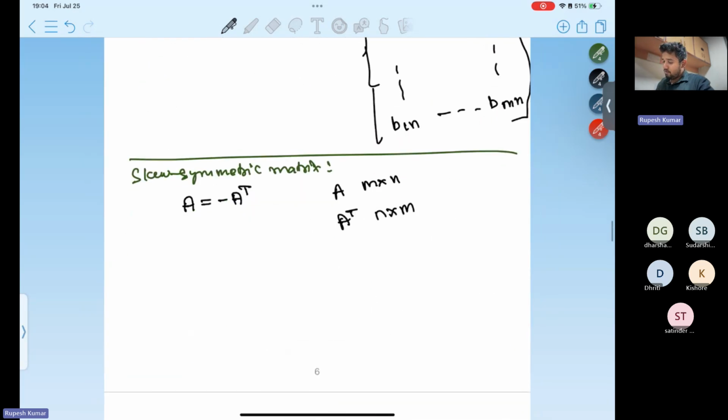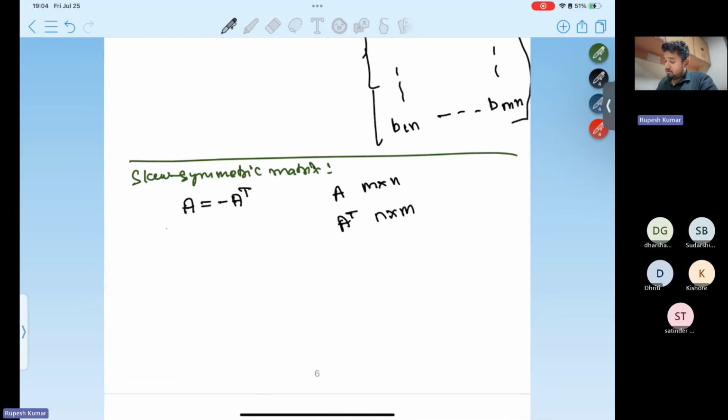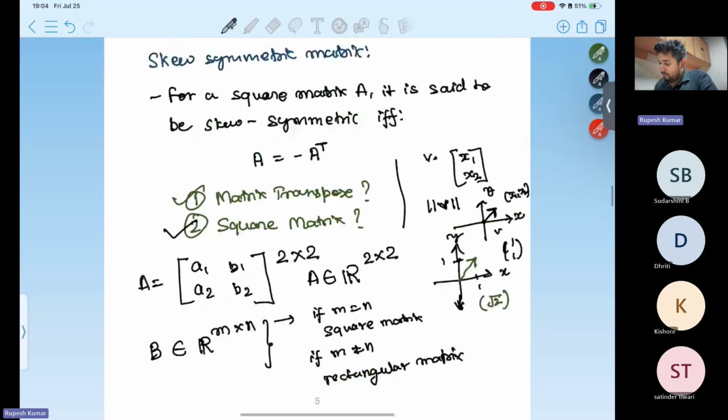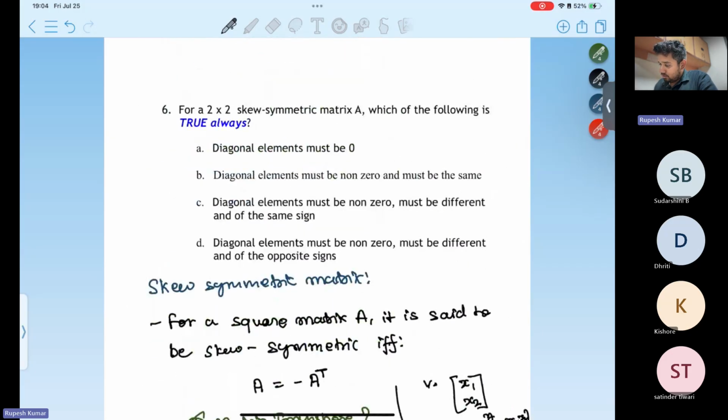So if a matrix has to be skew symmetric, then A equals minus A transpose has to be satisfied. This means a matrix can only be skew symmetric if it is a square matrix. So this is the first criterion for a matrix to be skew symmetric.